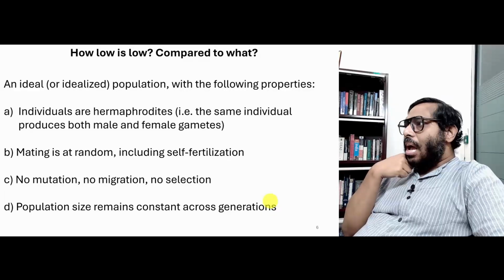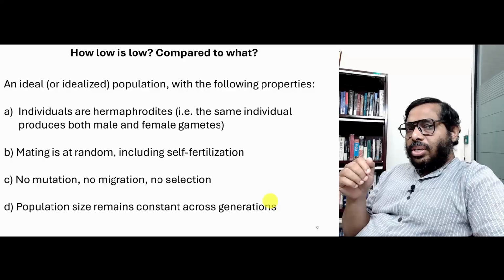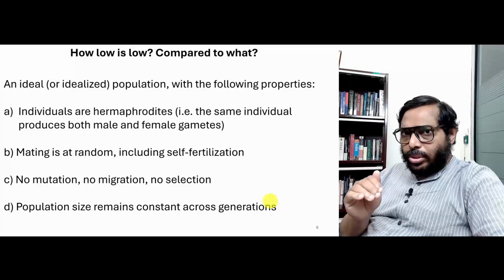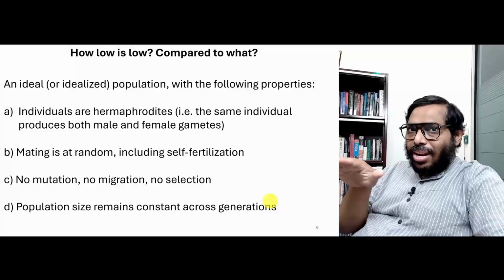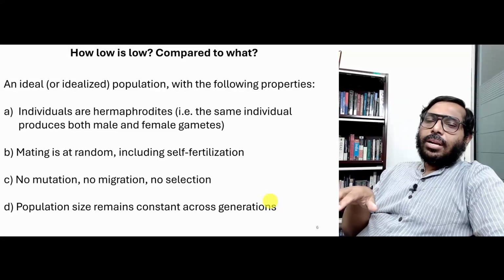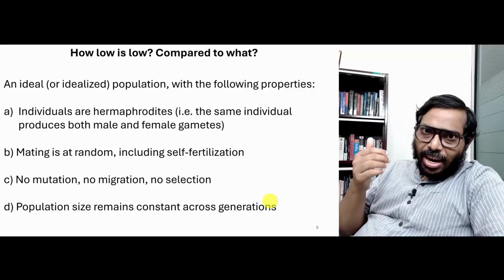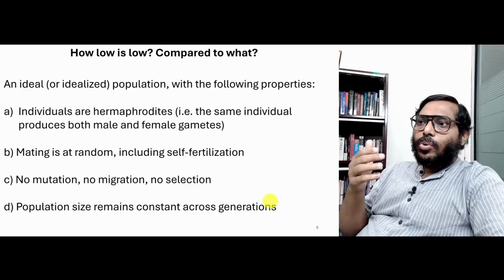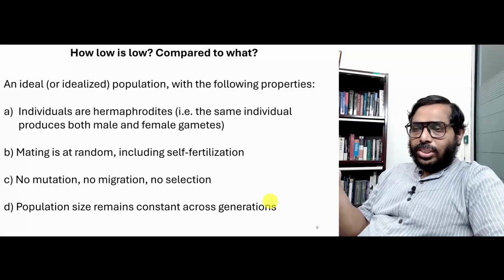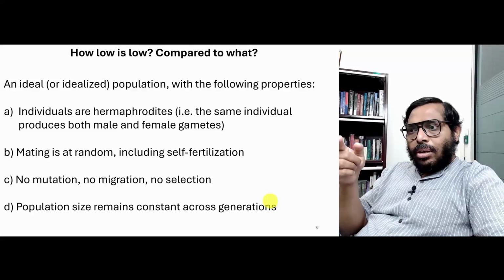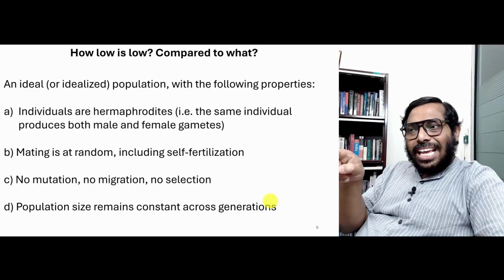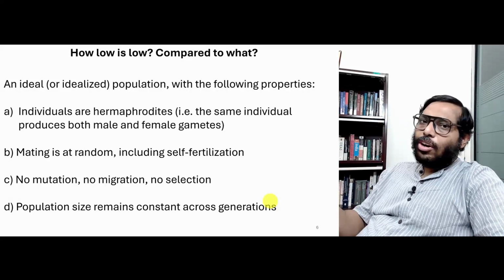We are not going to look at the derivation in this particular course, which is why it becomes a little difficult to see where these assumptions are coming from. But many of you will probably end up taking an advanced course, and at that point you will do the derivation for heterozygosity, or rather the change in heterozygosity over time, and it will become clear why precisely you need these assumptions and not others.